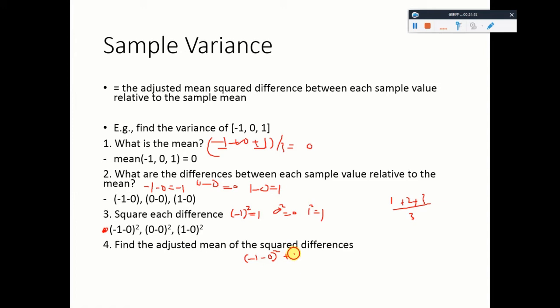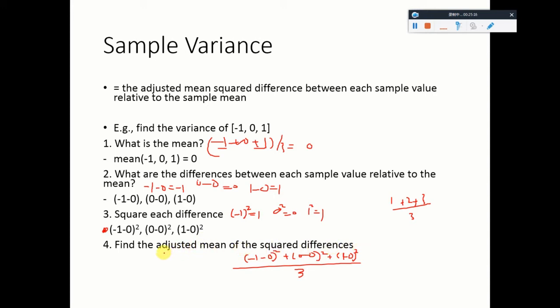You sum them up, and then you divide it by 3 because there are 3 squared differences. So now we have the mean of the squared differences.